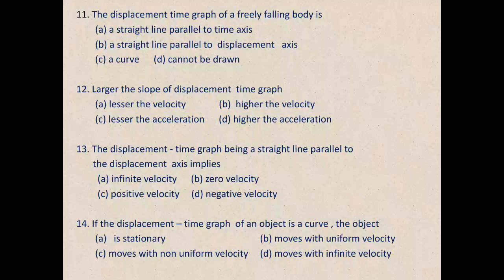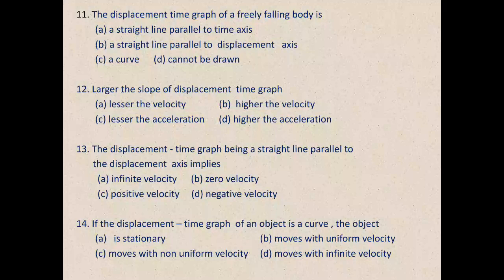Since the displacement time graph is a straight line parallel to the displacement axis, we can say that the graph is a straight line perpendicular to the time axis, means the slope is infinite. So the graph implies infinite velocity. So here your correct answer will be A, infinite velocity.